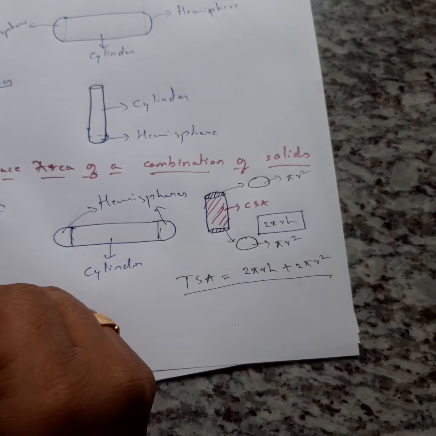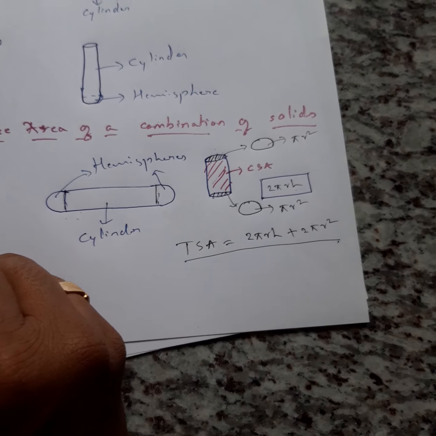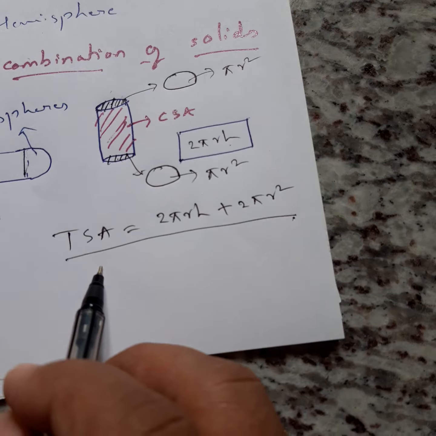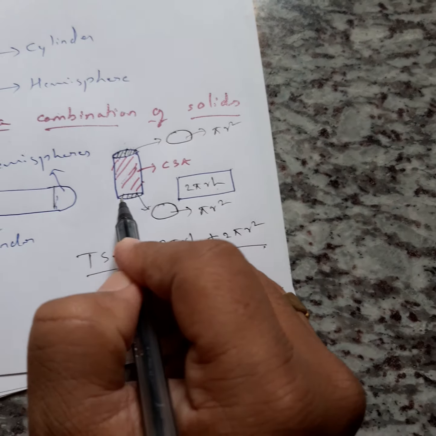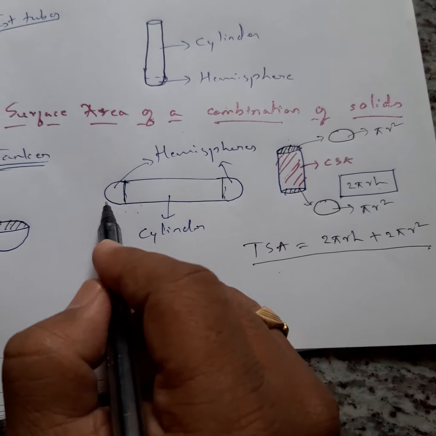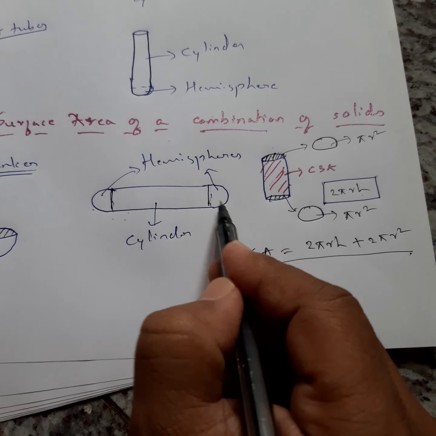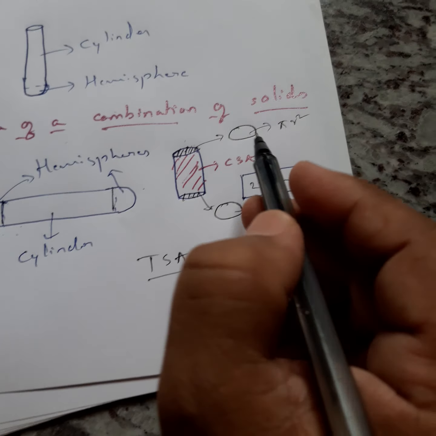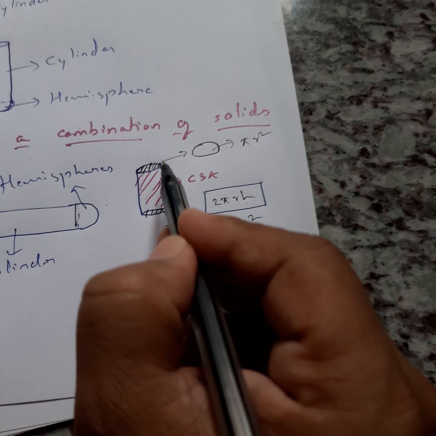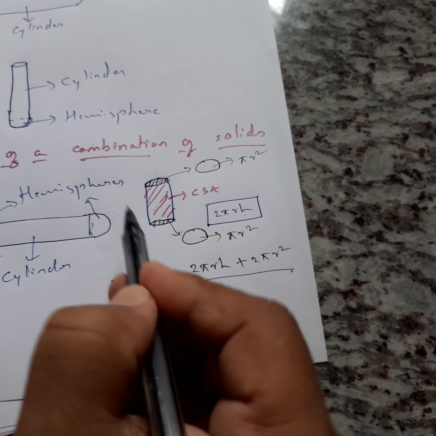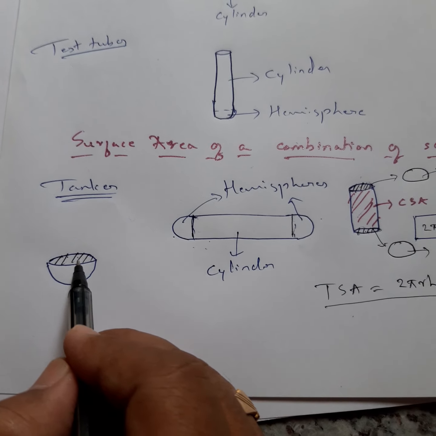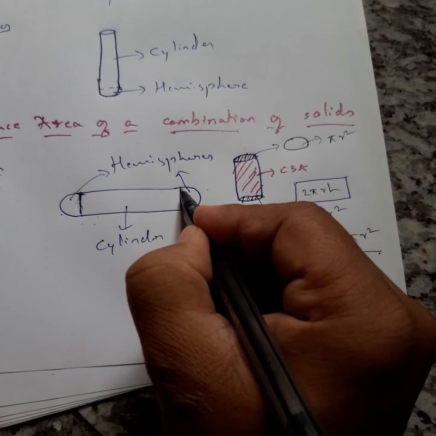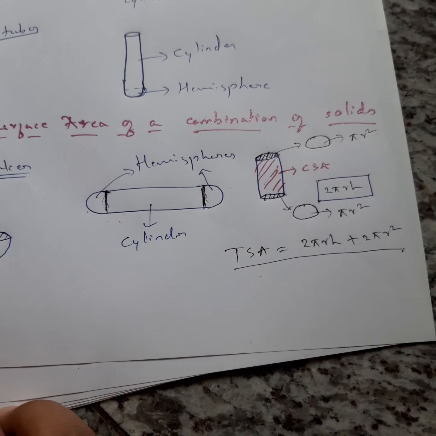So this particular area, which we used to consider to find the total surface area of the cylinder, is not in consideration when it is combined with the hemisphere to form this solid. Understood? So what I am saying is, this part of the cylinder, that is this circle and this circle, is getting merged or combined with the hemisphere circle in these two areas.